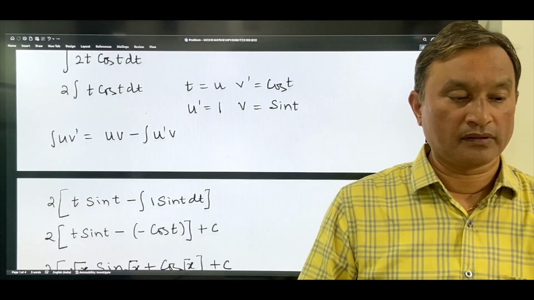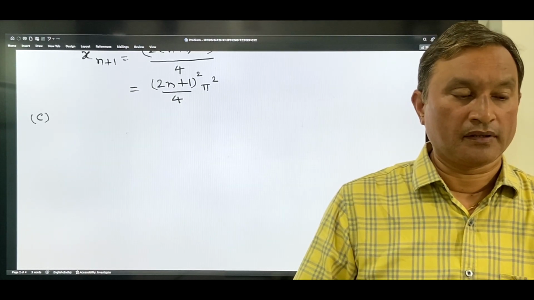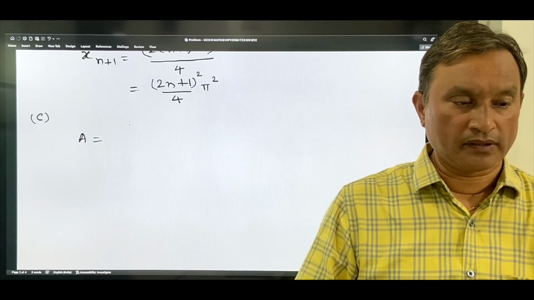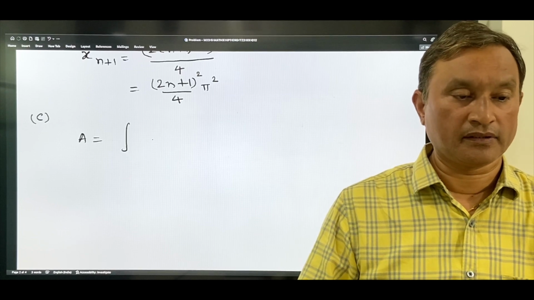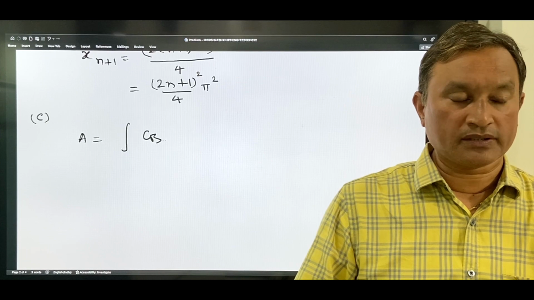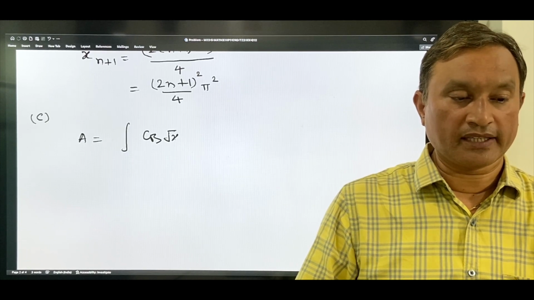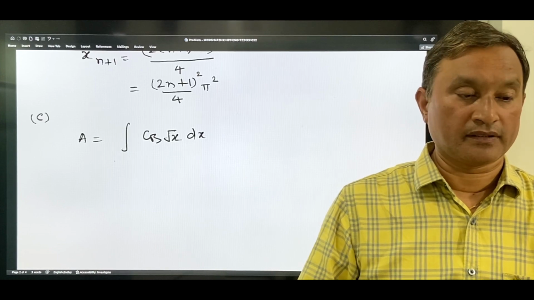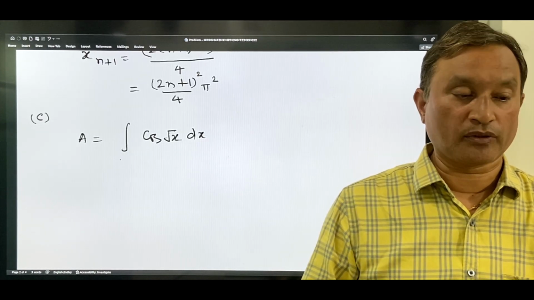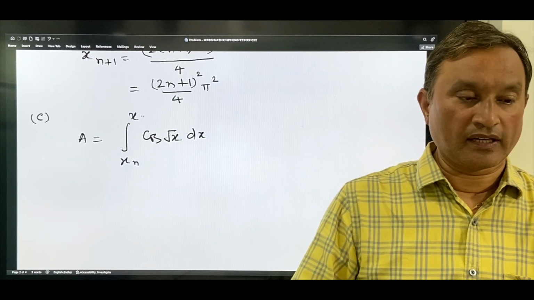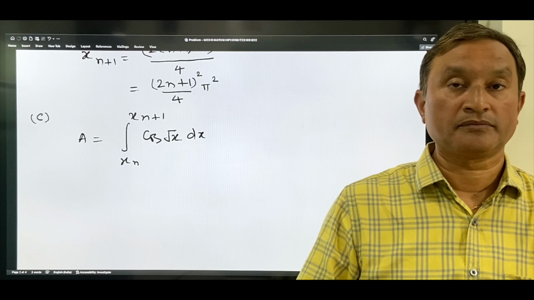So area equals the integration of cos root x dx, and the limits would be xn to x(n plus 1).